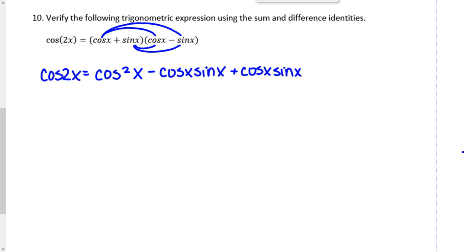Sine x times negative sine x, minus sine squared. Okay? Cancel out. Why do the two middle ones cancel? It's a negative. It's the exact same value, but opposite signs.